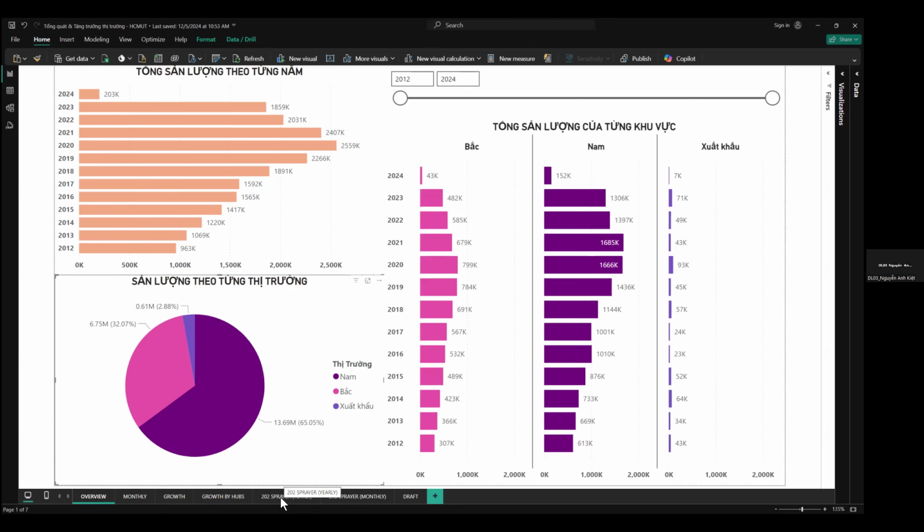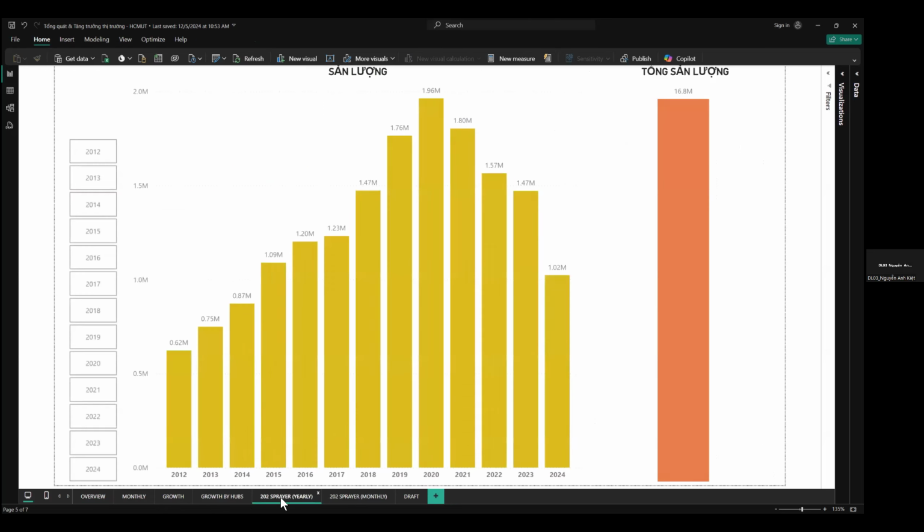So let's start with the sheet for the 202 sprayer. We can see that there was a peak in sales output in 2020 at over 1.9 million products and a gradual decrease on both sides of the peak. This specific trend in the years after the COVID-19 pandemic possibly caused the peak.